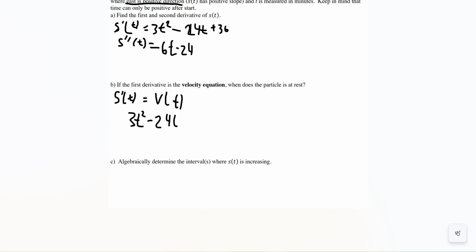First thing we notice is that we could take a factor of 3 out of this equation. So let's do that. So we get t squared minus 8t plus 12.